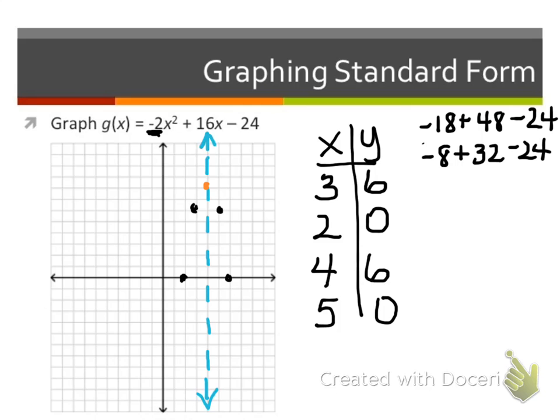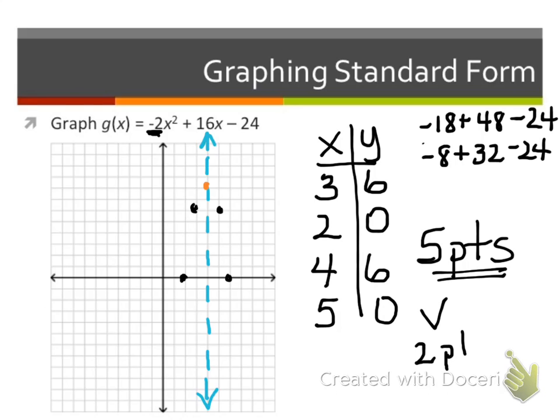Okay, and the key to doing these graphing problems well is to make sure you always use 5 points. One of the points will be the vertex, and then usually you pick 2 points on the left and reflect them to the right, or vice versa. You can pick 2 points on the right and then reflect them to the left.